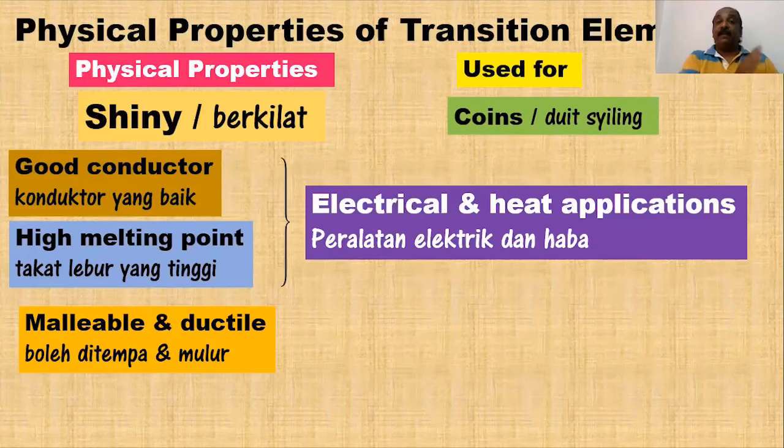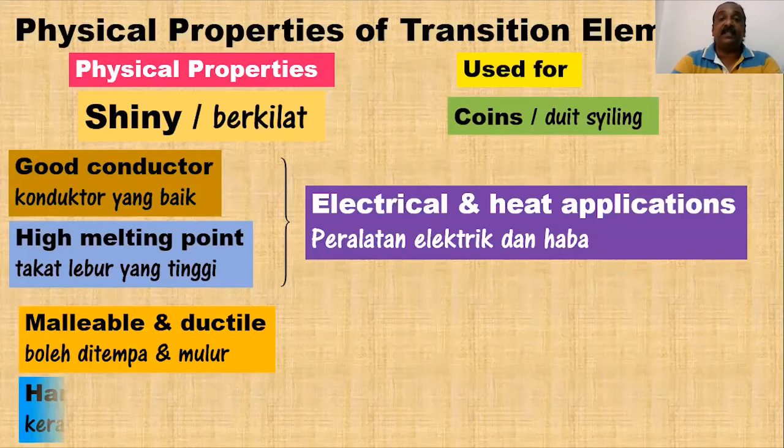So malleable, you can knock, boleh tempa mereka ke bentuk-bentuk tertentu. Like for example, you can knock into a particular shape for the car body. Boleh kita boleh ketuk-ketuk mereka. Ductile, that means mulur. Mulur maksudnya kita boleh tarik dia menjadi dawai yang panjang. Okay, this malleable and ductile.